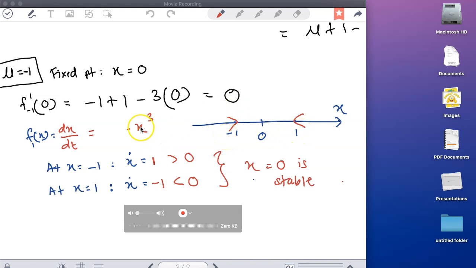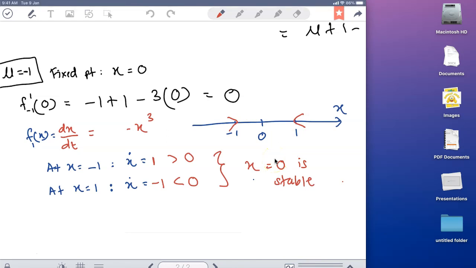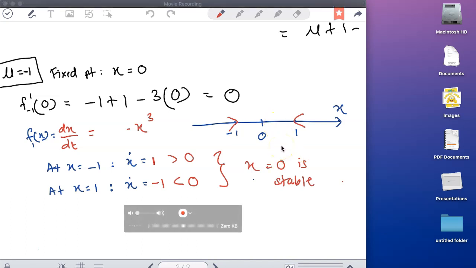When you substitute x equal to -1, you have (-1) cubed, the negative goes away, so you got positive. And when x is 1, this becomes -1, so negative. So at -1 you turn right, and at x equal to 1 you turn left. So it looks like when mu is exactly at -1, the fixed point x equal to 0 is stable.